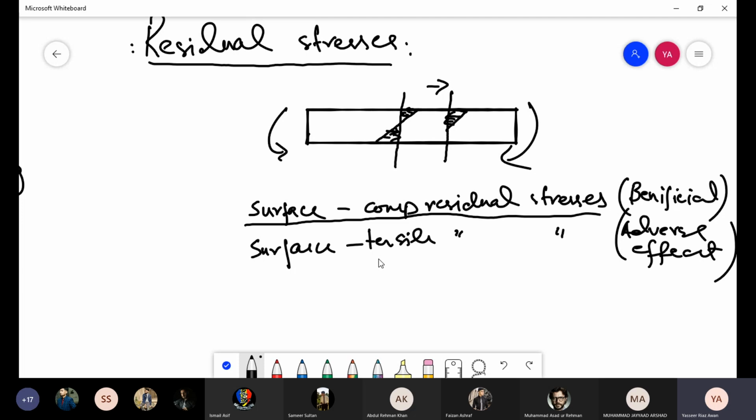But if the residual stresses are tensile and your loading is also tensile, then obviously they add into each other, so that has an adverse effect. So Kf would be more than 1 in the second case, and in the first case it would be less than 1.